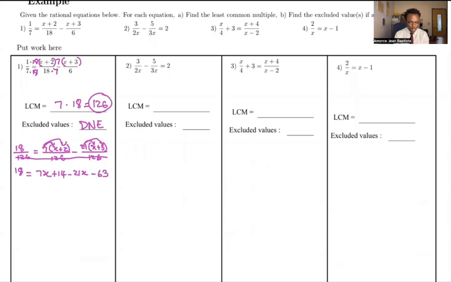Now we'll combine like terms. This side will remain 18 equals negative 14x, and then negative 63 plus 14. So that'll be negative 49.